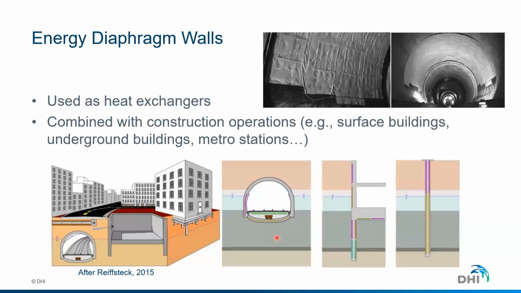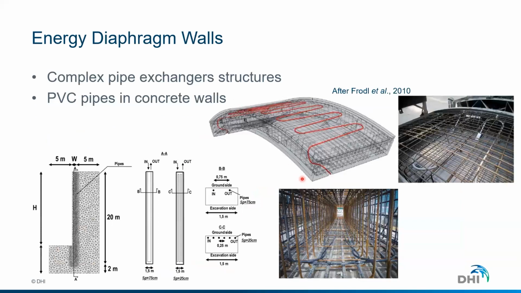So this is an example of energy diaphragm walls installed in a tunnel, which was simulated with FEFLOW, so that you can nicely see the geometry and complexity of the different pipes. And there's a publication here from Fraud in 2010, which shows the way how this has been modeled.